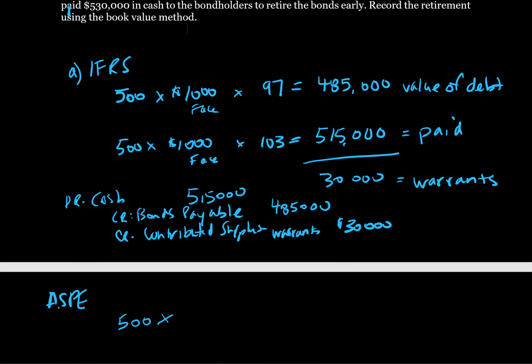So 500 bonds times 10 warrants times 250 for each warrant value. This is going to give us $12,500.